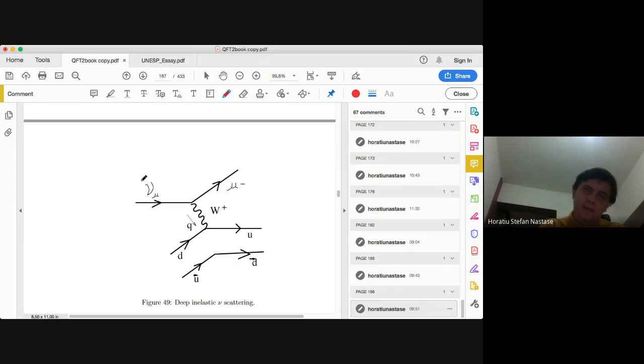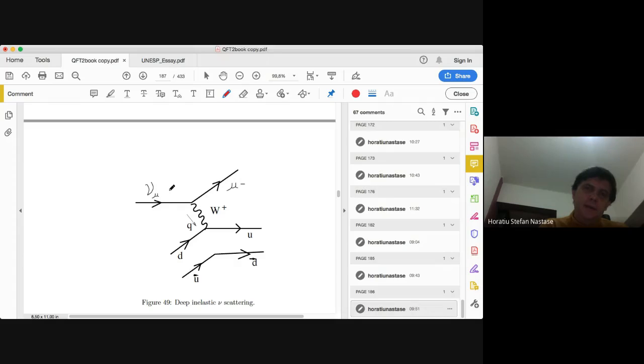So that's a neutrino. So I could put here an electron neutrino, and then I would emit a W plus, and then the electron. But that's not something that is particularly useful.